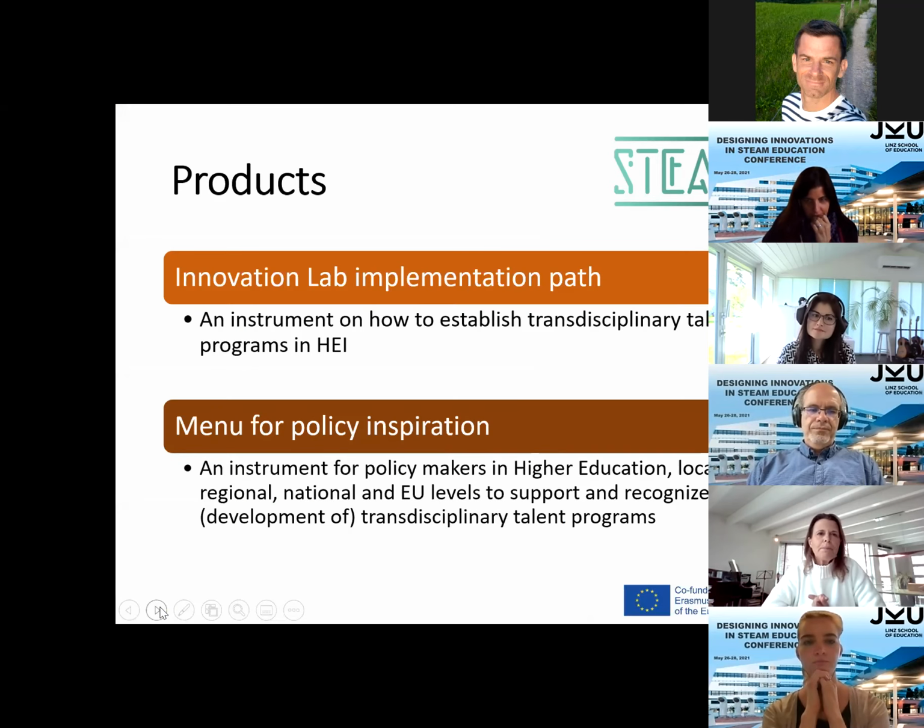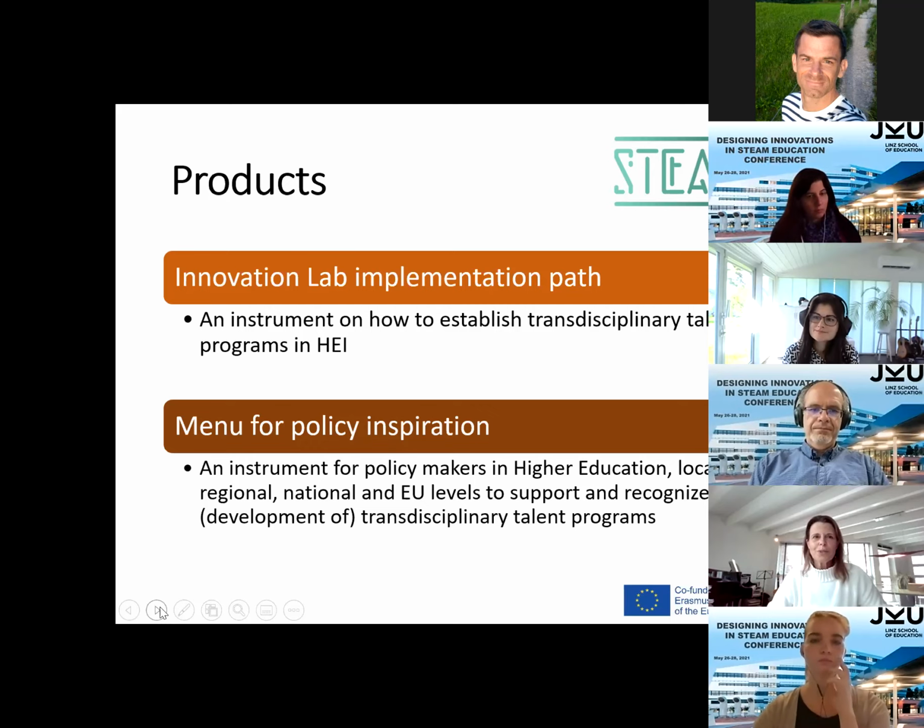Then there are two main products that we want to deliver with this project. The first one is an innovation lab implementation path, which is in fact an instrument or a guideline that gives you an idea how to establish transdisciplinary talent programs in higher education institutes. The second product is a menu for policy inspiration.